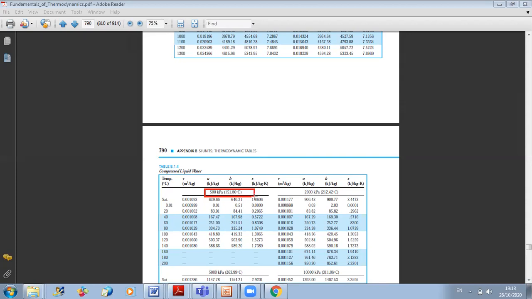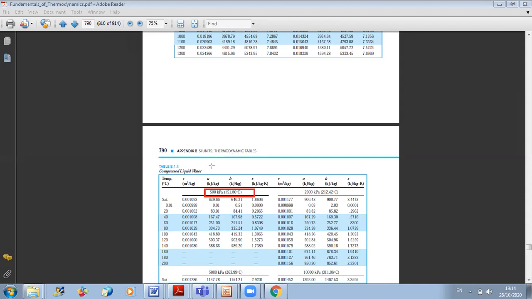This is why, since in the compressed tables we don't have what is happening for pressures lower than 500 kilopascal. So in our case, where we have 490 kilopascal, we will use the saturated table and take the value from the saturated liquid.